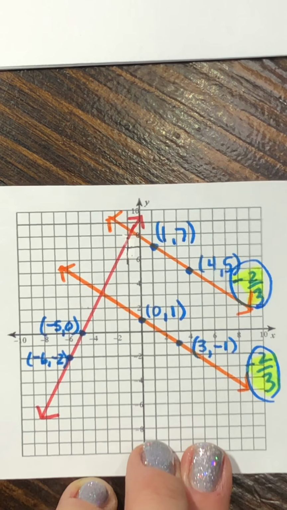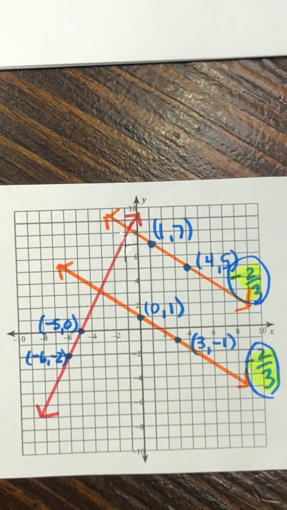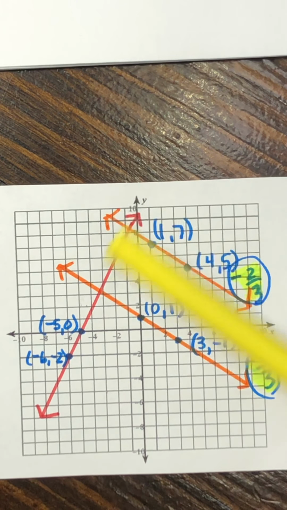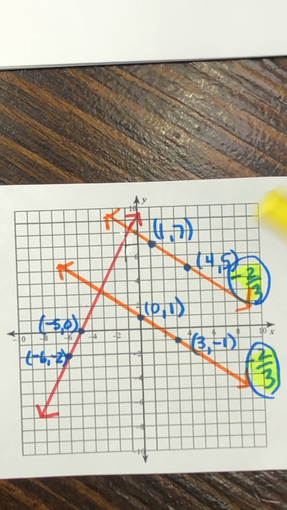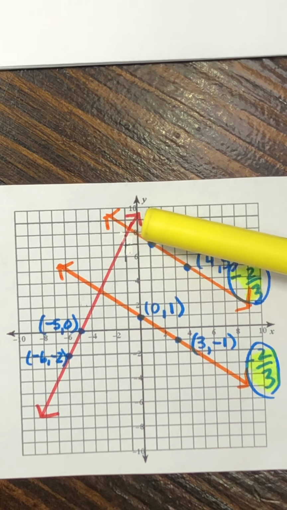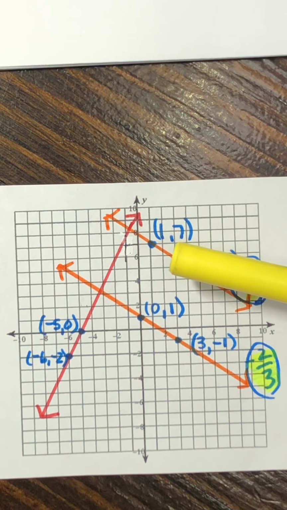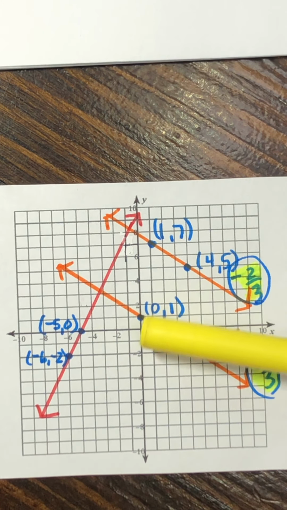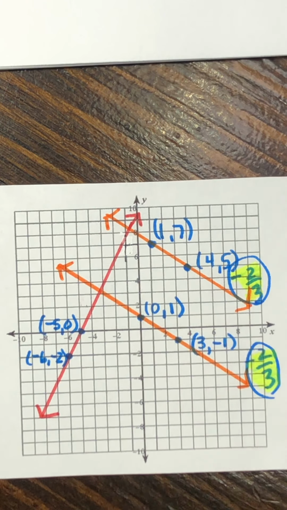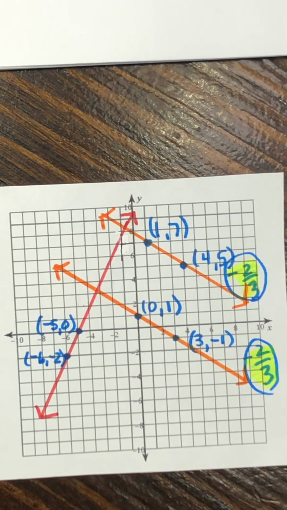And pretty much looking at the slope of this line in this graph, it's pretty obvious to see that these 2 lines are running in the same direction. They're starting in different points, but they're both running down 2 and right 3. Down 2 and right 3. And what we notice about them is when lines run right next to each other like that, the word that we use is parallel.